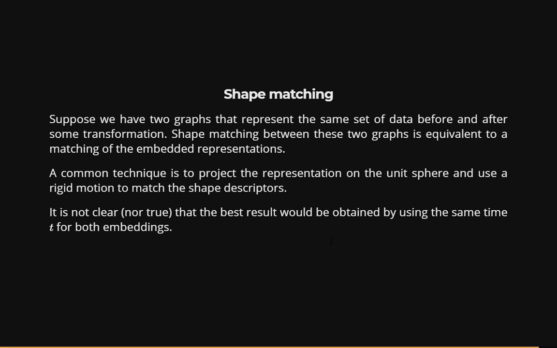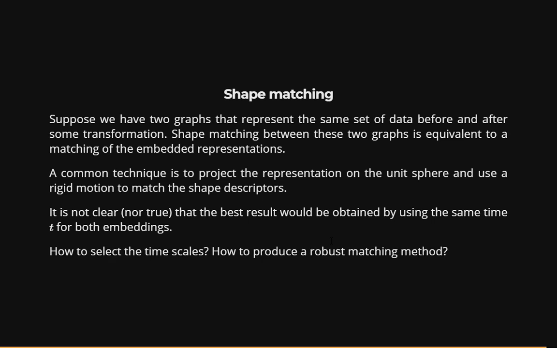Obviously, it's not clear that you should embed both graphs, before the transformation and after the transformation, with the same time, the same parameter t. You could use different parameters t. And so this gives a number of problems, which is how do you select the timescales and how do you produce a robust matching method.